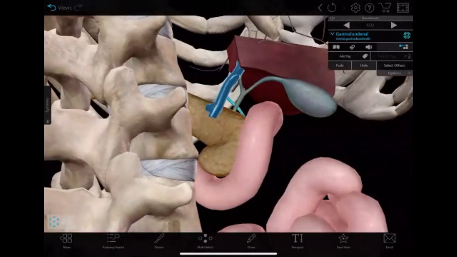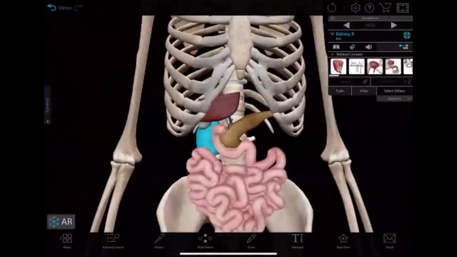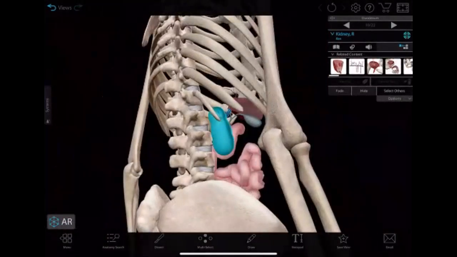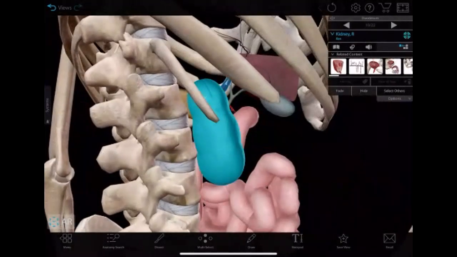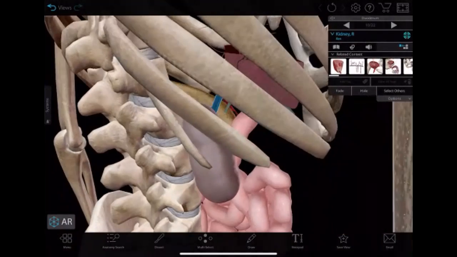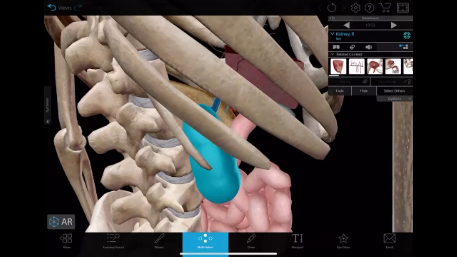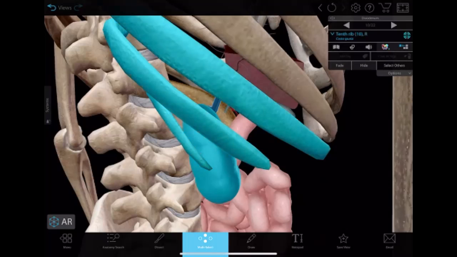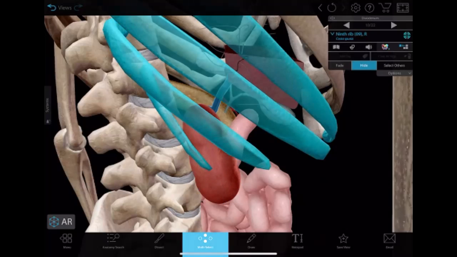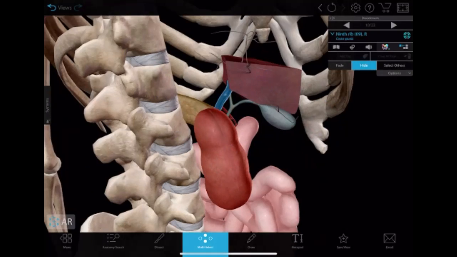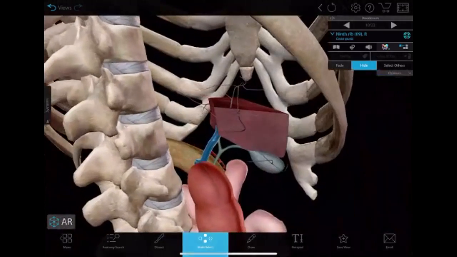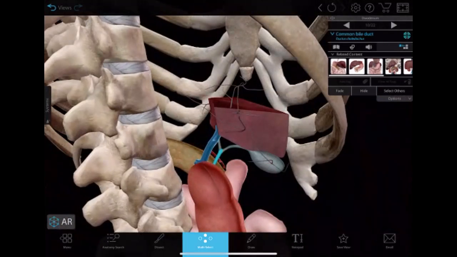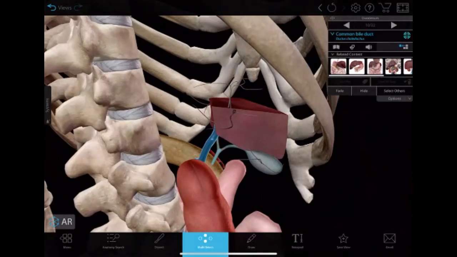And coming to the posterior side, posteriorly the first part of the duodenum is related with the common bile duct, right?